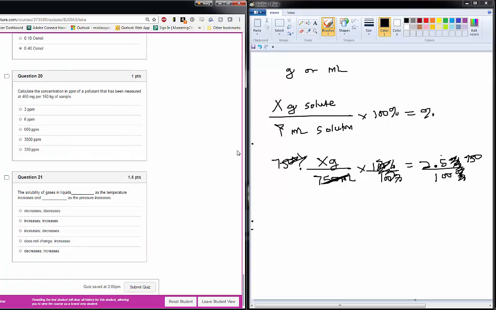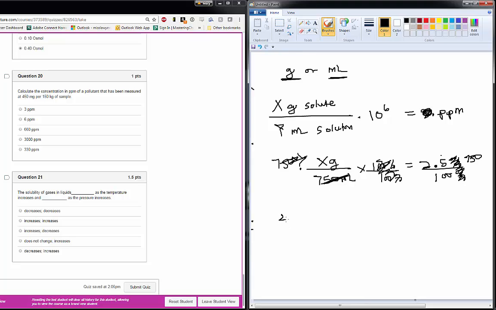Question 20, concentration in parts per million. Concentration in parts per million is exactly like percentage, but instead of multiplying it by 100 to make it a percent, here I'm going to multiply it by 1,000,000 to make it a parts per million. So if I plug this in, remember I always need to use grams or milliliters, so I have to convert from milligrams and convert from kilograms.